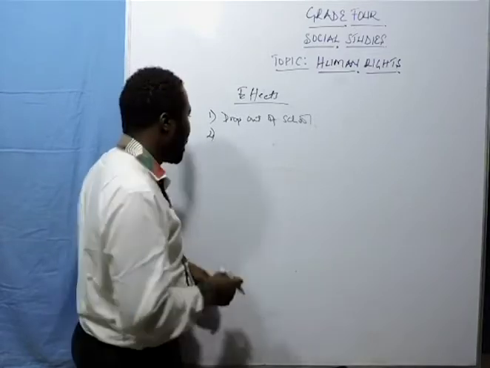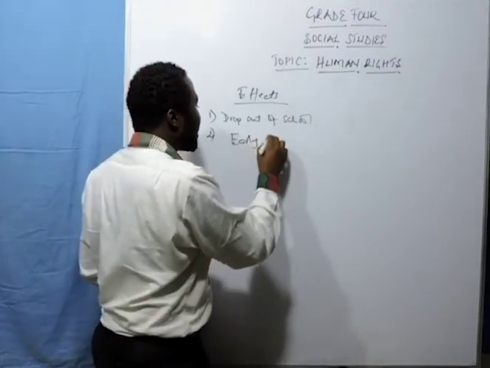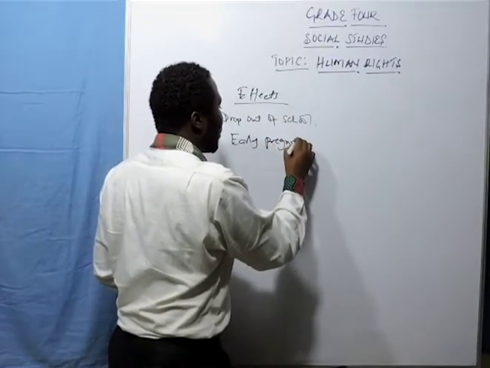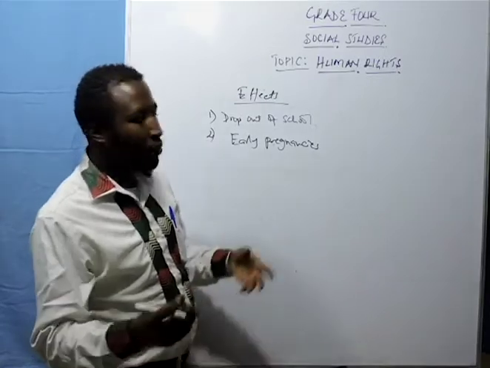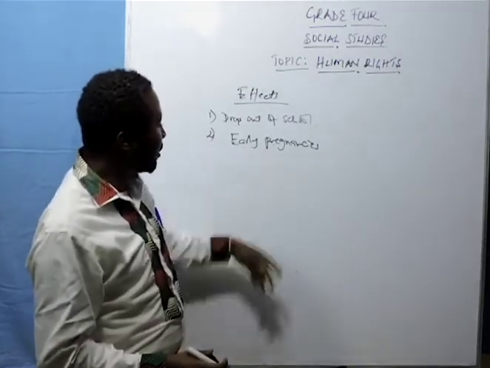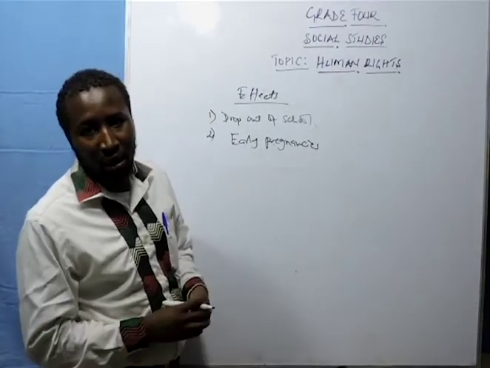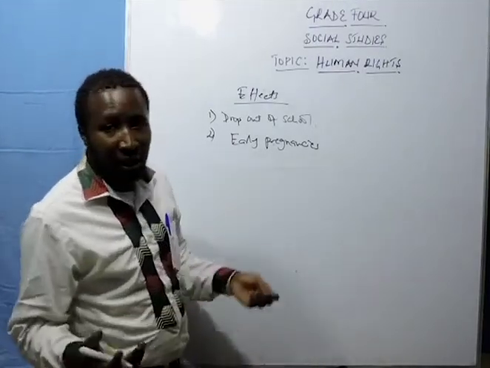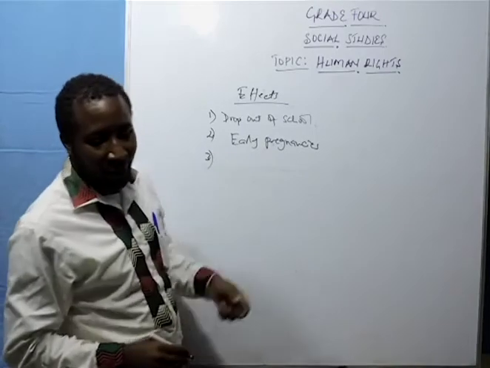Now, another one we have is early pregnancies. For the girls, through these forced marriages and early marriages, this child will tend to bring home a pregnancy. They become pregnant. So through this child abuse, these are the effects that you get.